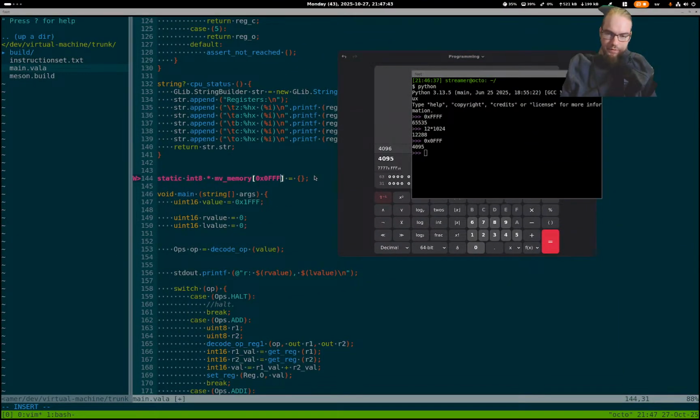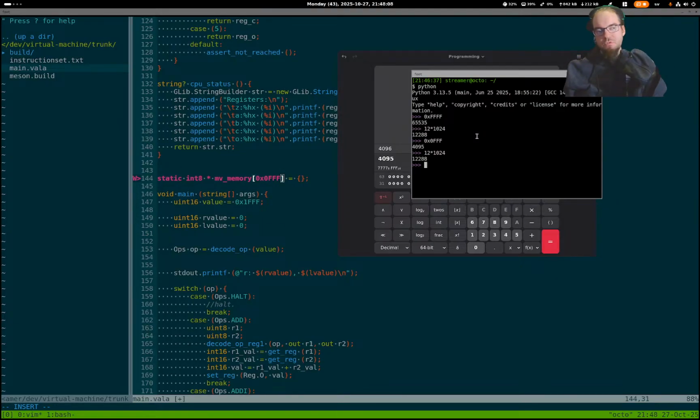There's 4,095. Why the fuck? Where did I get 12 times from? That's more memory than it can have.